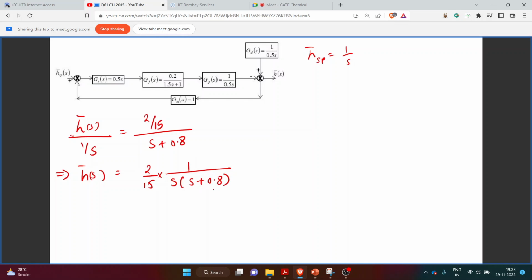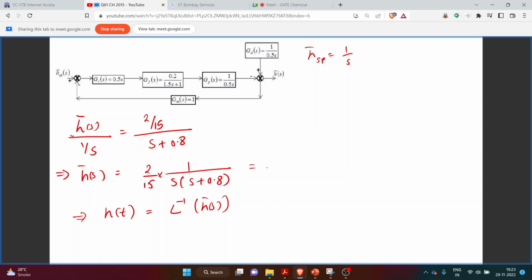Now to convert this into the time domain, we need to take the inverse Laplace, L inverse of h bar of s. For that we need to simplify this equation into partial fractions.